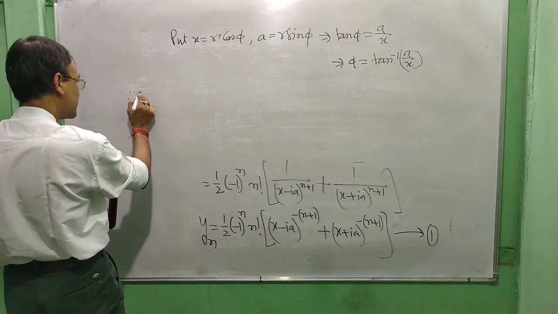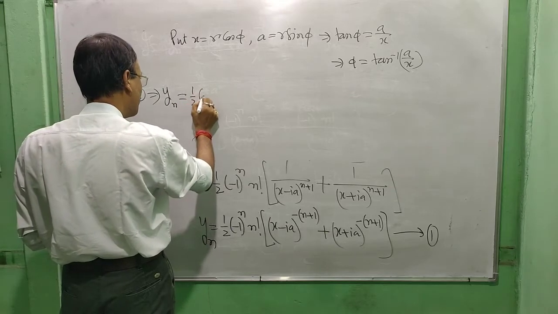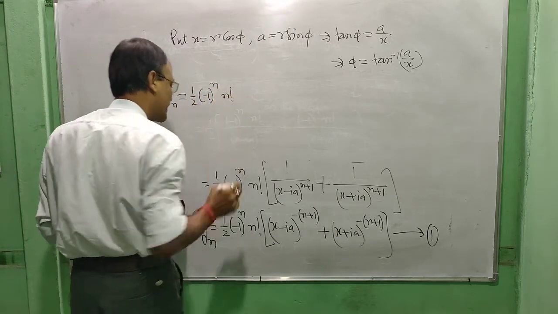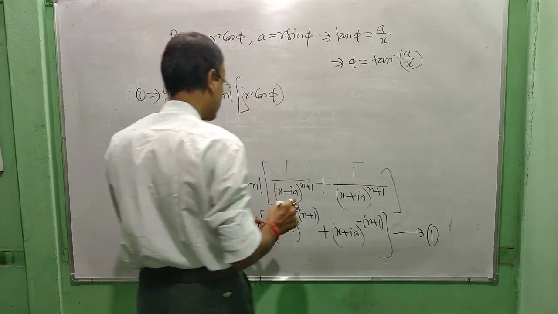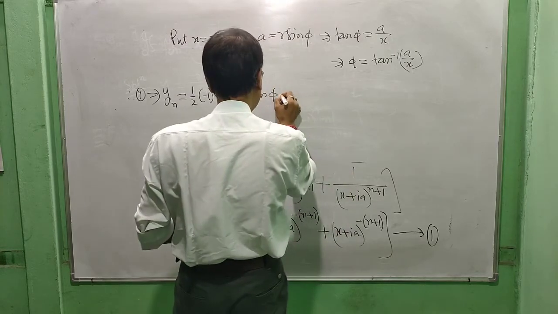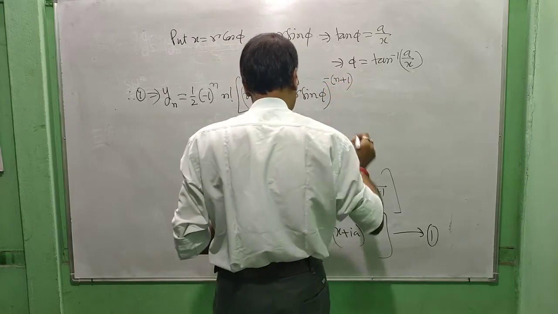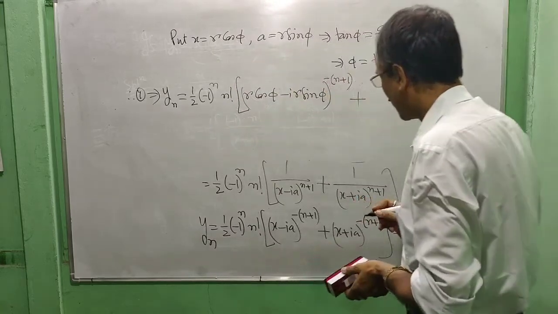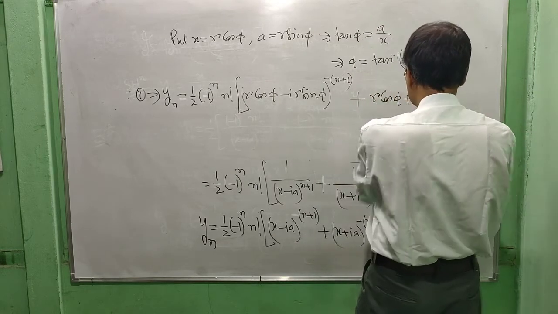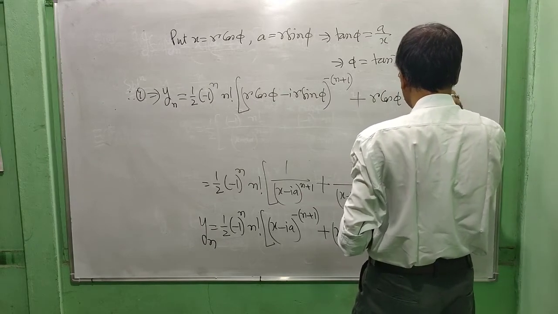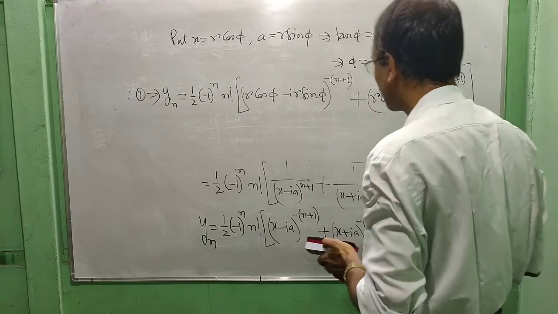Therefore, from 1 you will get y_n equal to half (-1)^n n! [(r cos phi - i r sin phi)^(-n+1) + (r cos phi + i r sin phi)^(-n+1)].